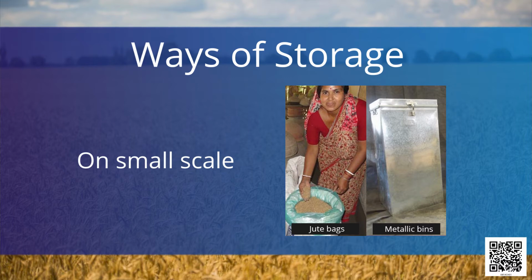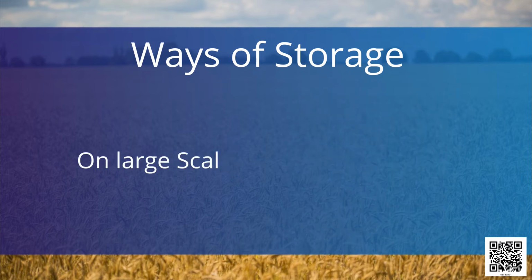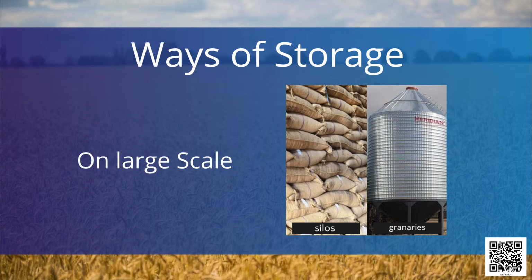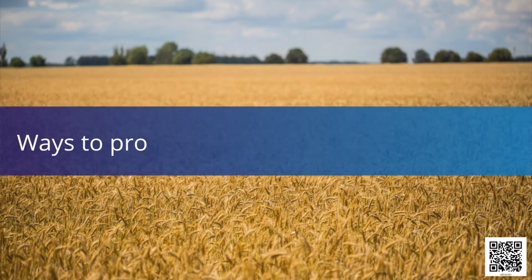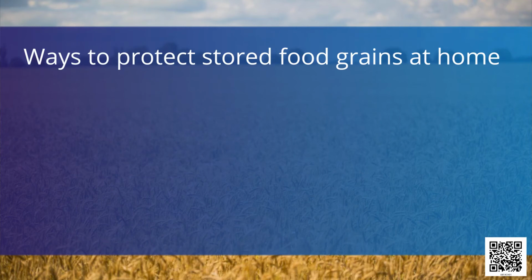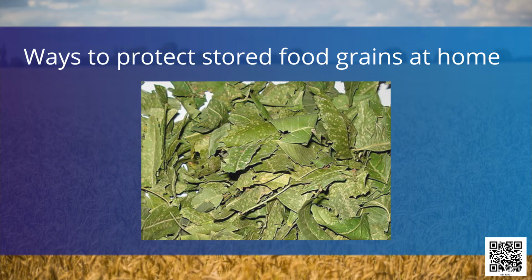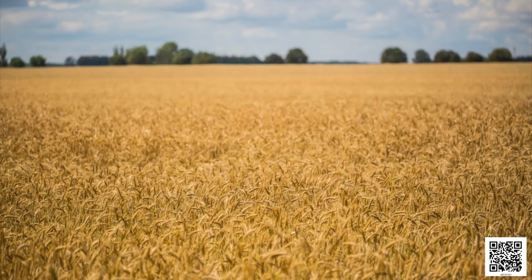However, at large scale, storage of grains is done in silos and granaries to protect them from pests like rats and insects. Ways to protect stored food grains at home. We can put dried neem leaves, or we can use sulfase tablets at home.